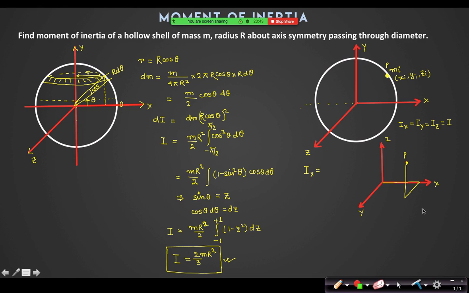Yes, good. Because what is the perpendicular distance of this point P from the x-axis? It is square root of y square plus z square. Look, this is the perpendicular distance, and that distance squared is yi square plus zi square. So can I say it is mi into yi square plus zi square? Everyone should understand it.